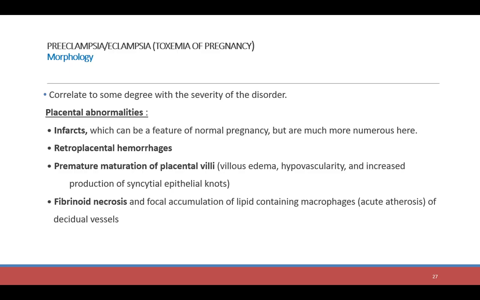Fibrinoid necrosis is also a feature. So these are the histopathology findings in preeclampsia and eclampsia. Remember infarction, so important. So infarction, fibrinoid necrosis, maturation of the villi, sometimes placental hemorrhage. So 4 features: placental hemorrhage, fibrinoid necrosis, infarction, and abruption of the placental membrane.